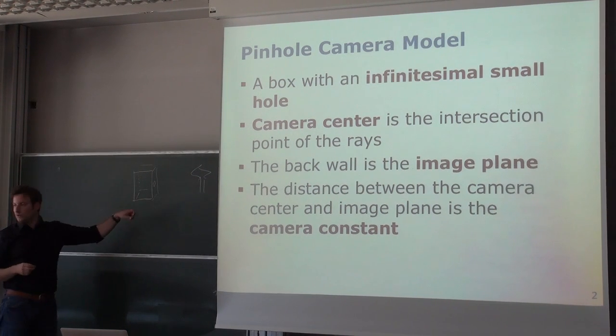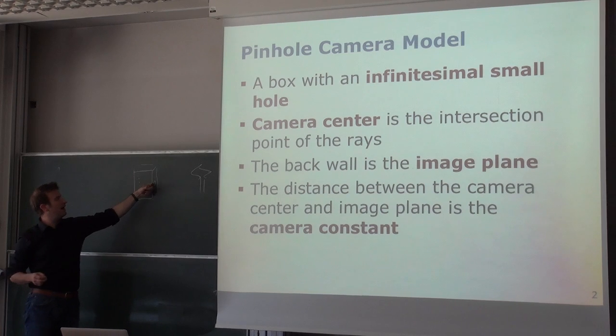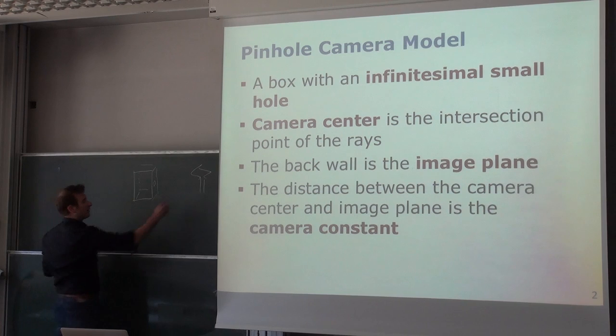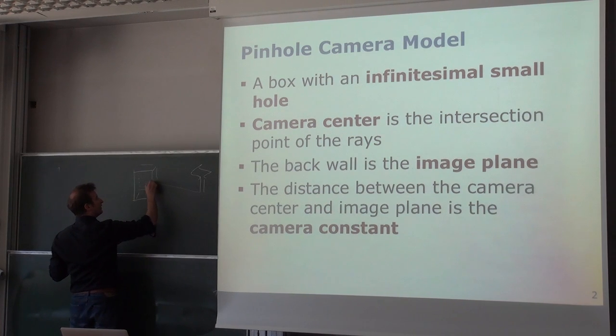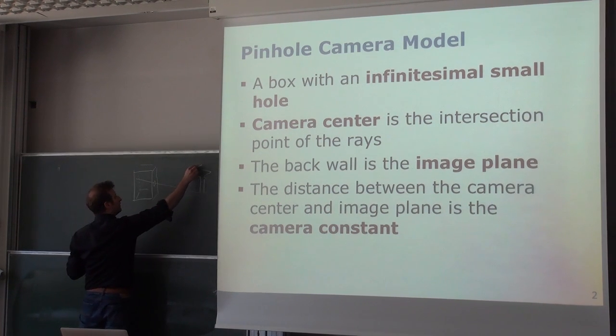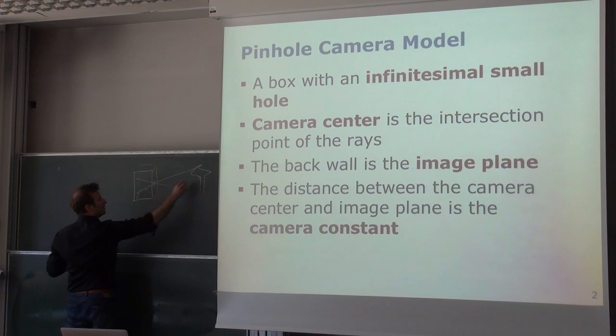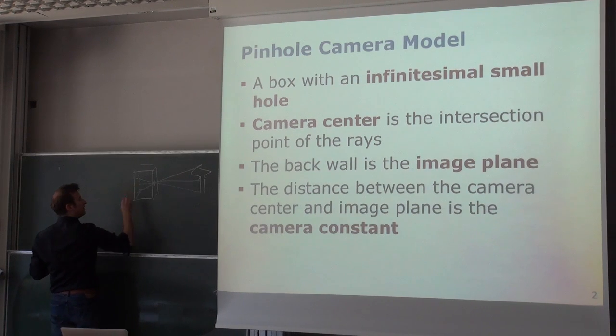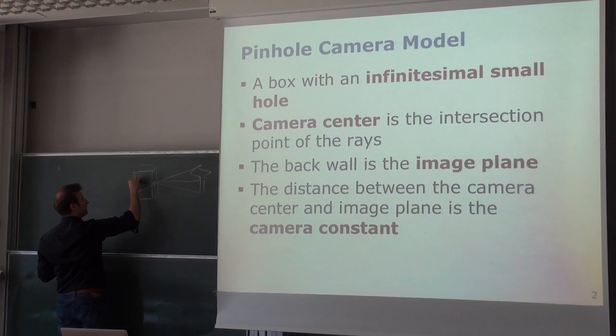Then all rays from that tree pass through that pinhole and generate an image at the back of the camera. So this ray goes somewhere over here, this one down here, the one in the middle here, so that we get the tree, which is then standing upside down.